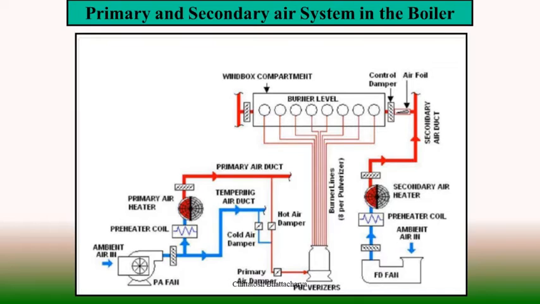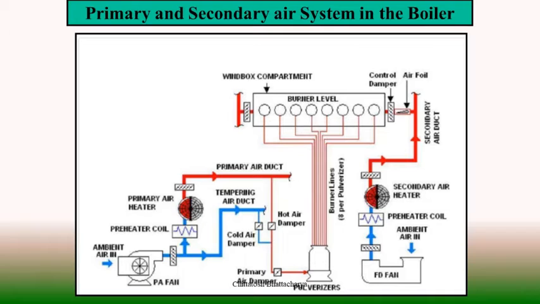And there are FD fans. FD fans are also collecting air from the atmosphere, sending it through the air preheaters, secondary air preheater path, and then going through the wind box and entering the furnace. There are secondary air dampers regulating the secondary air flow, or in case of front firing, opposite firing, or side firing arrangement, we have air registers.